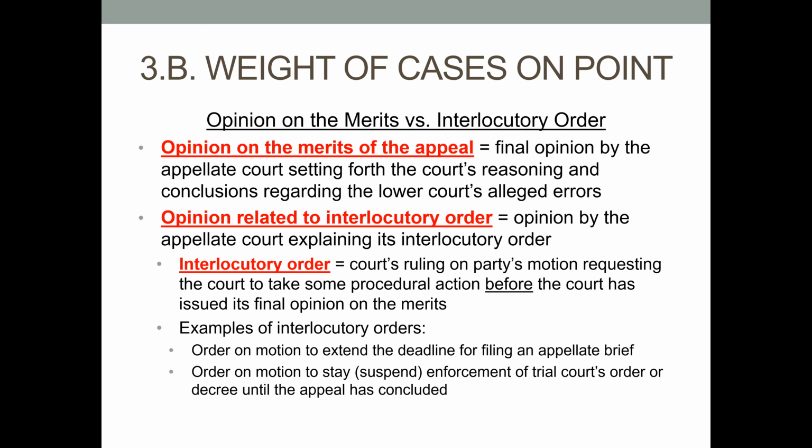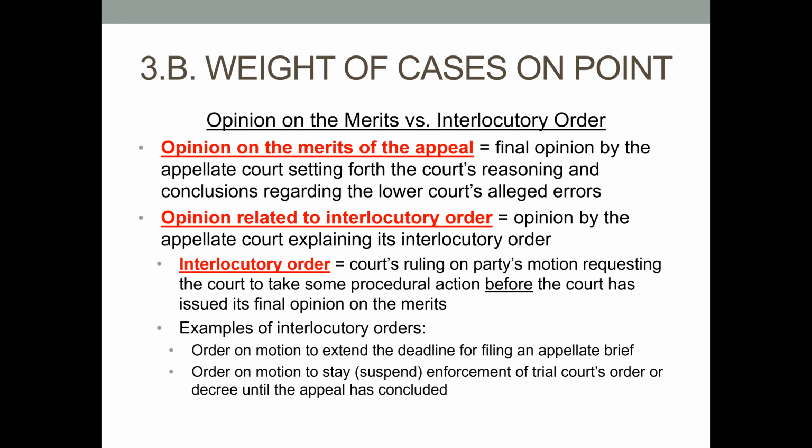Interlocutory sort of etymologically means speaking between. So it's referring to an opinion supporting an order of the court occurring after the appeal was filed, but before the court issues its final opinion on the merits of the real issues raised in the appeal and that will govern the court's disposition of the lower court's judgment.